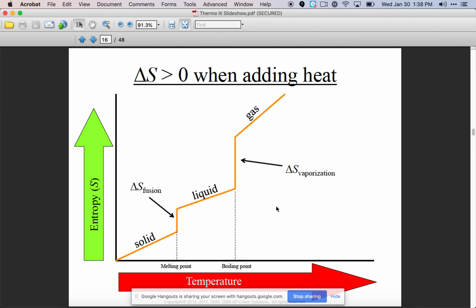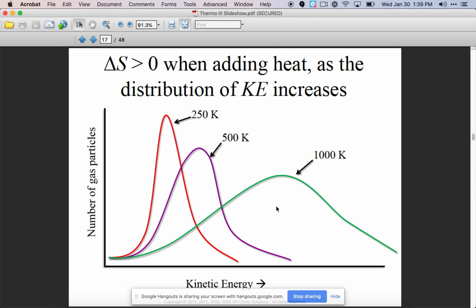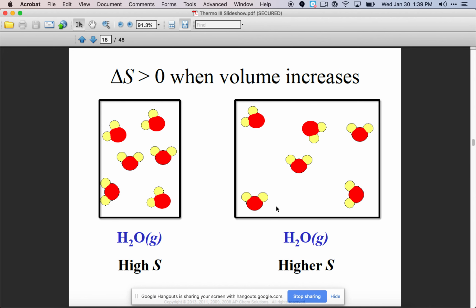Here's our wonderful curve again. Once again, we have an increase in entropy the higher the kinetic energy. Volume increases, so you have more entropy when you increase volume. If you have the same gas but different volumes, you could talk about an increase in entropy.